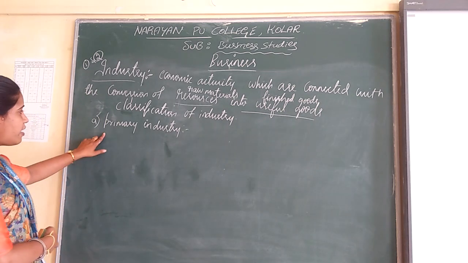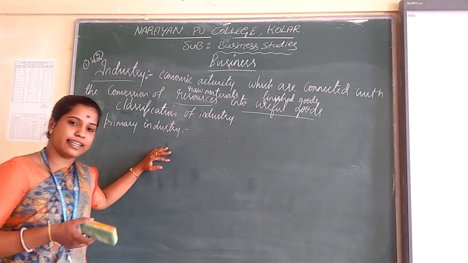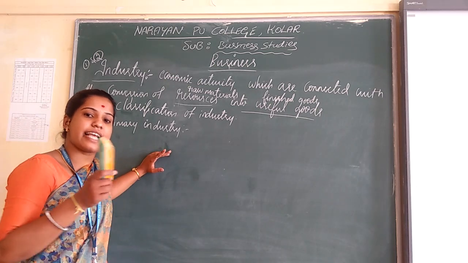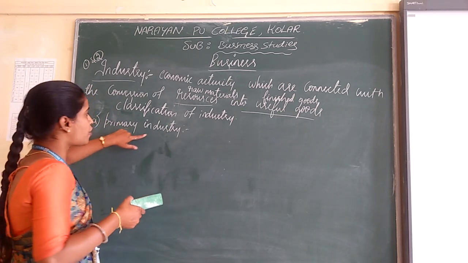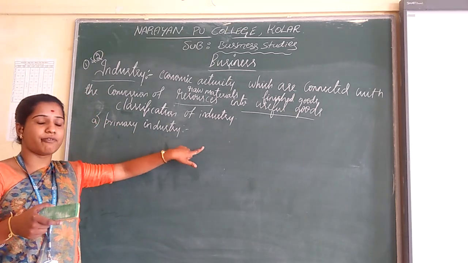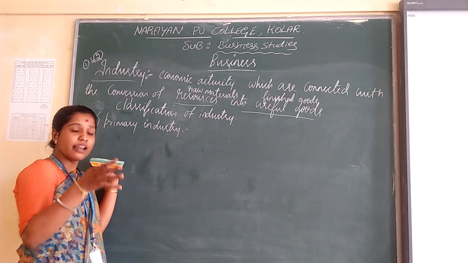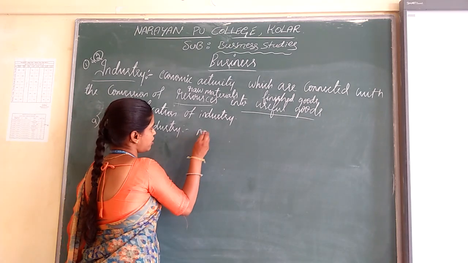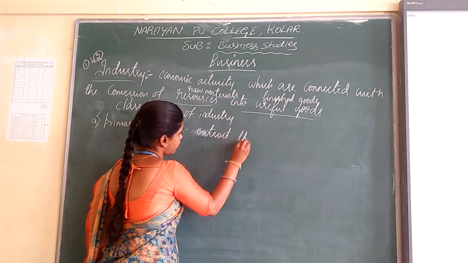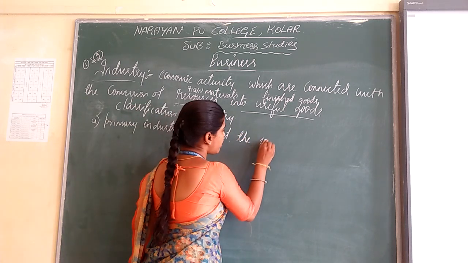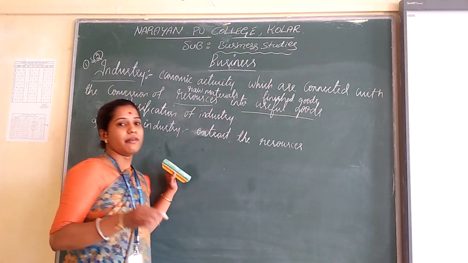The primary industry includes all the activities which are concerned with the extraction and production of natural resources. That means they extract their goods from nature. That means they extract the resources from the earth.